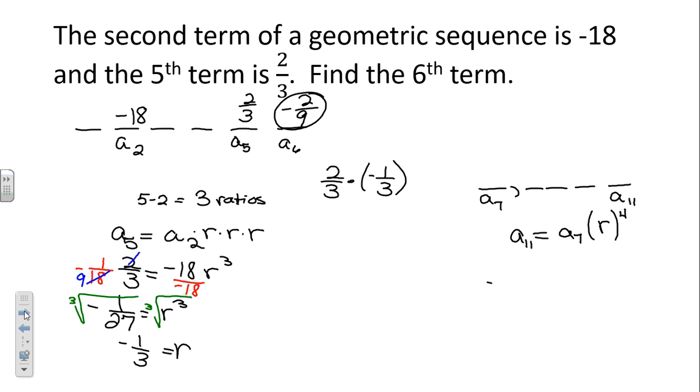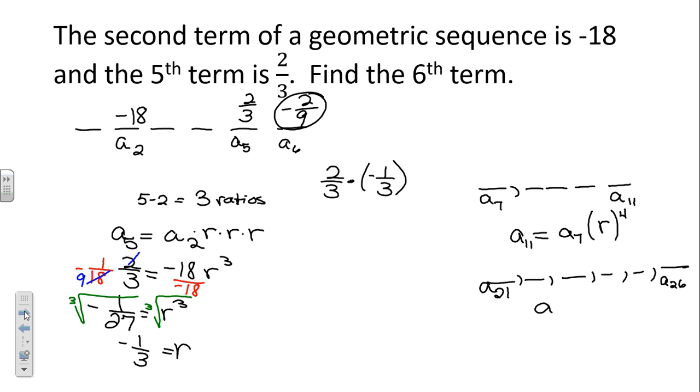And if we knew the 21st term, and we knew the 26th term, how could we write an equation that would make sense for ratios for a geometric sequence?